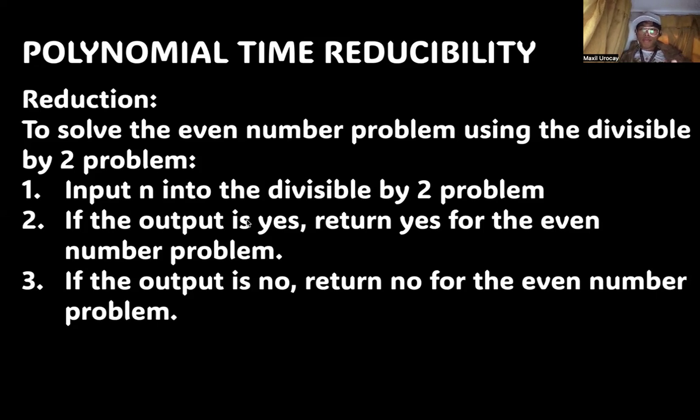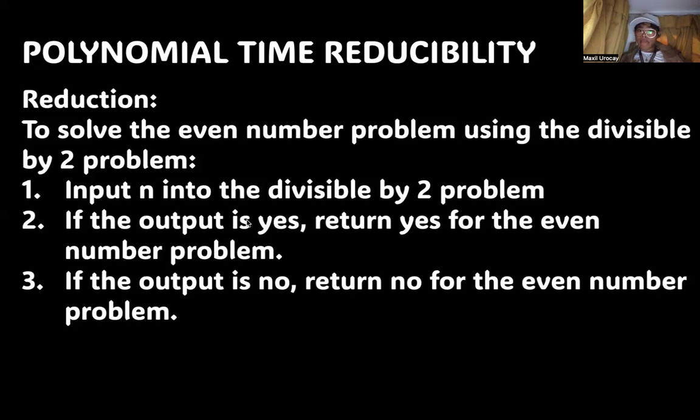We also have another situation. Say, for example, your input m is equal to 7, into the divisible by 2 problem. The question is: is 7 divisible by 2? If you check that with the modulus, or the remainder, the answer will be no, since 7 is not divisible by 2; it has a remainder of 1.